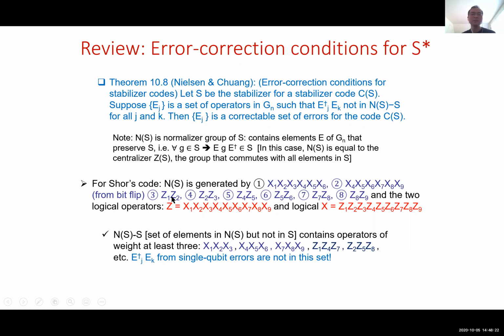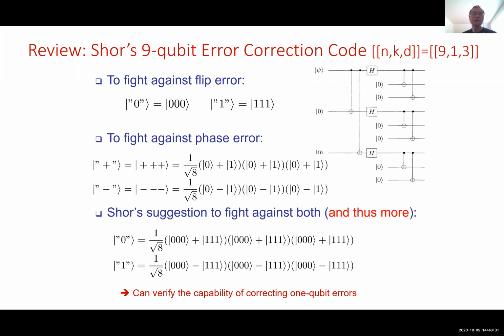And then also the z1, z2. I think this is from bit flip. If we go back, these x's check if you flip all these. So if you apply x1 to x6, if there is a minus sign, then this would give a minus.